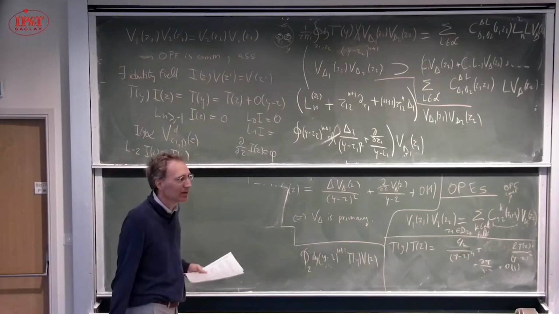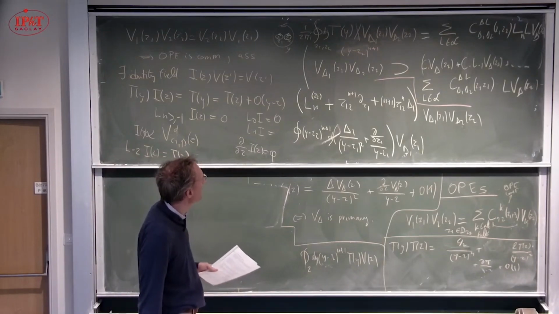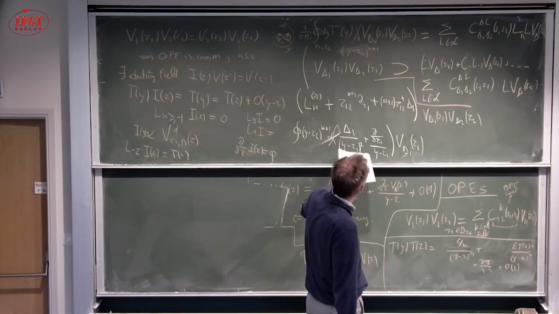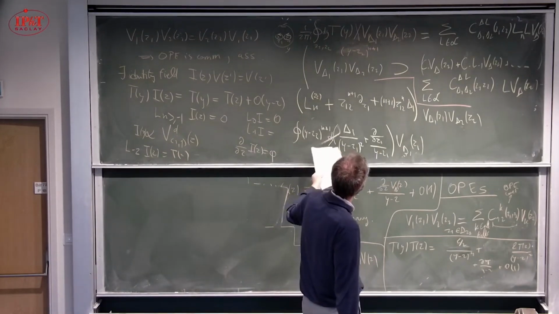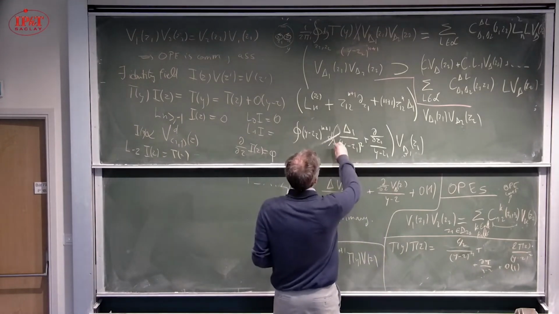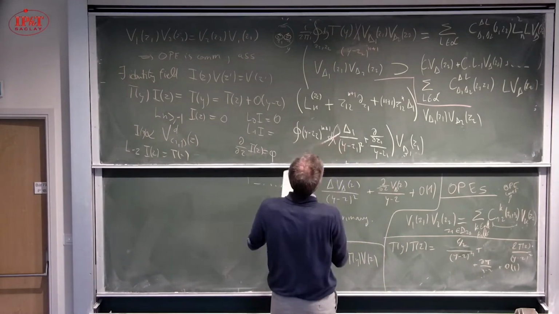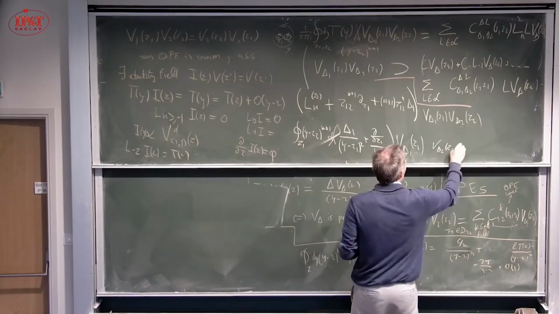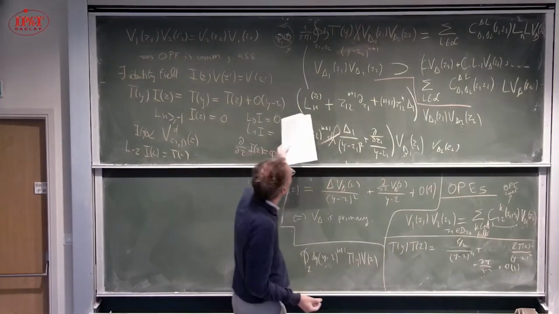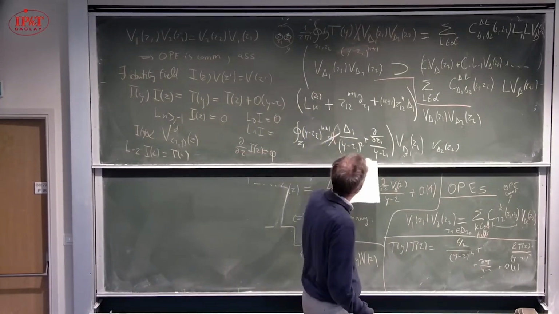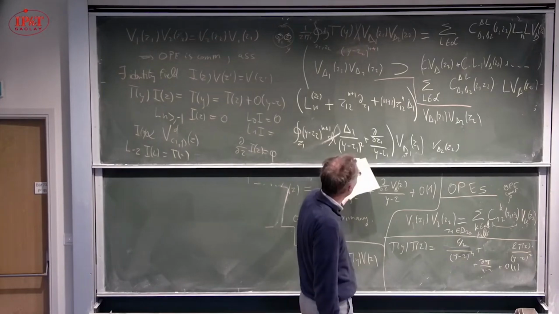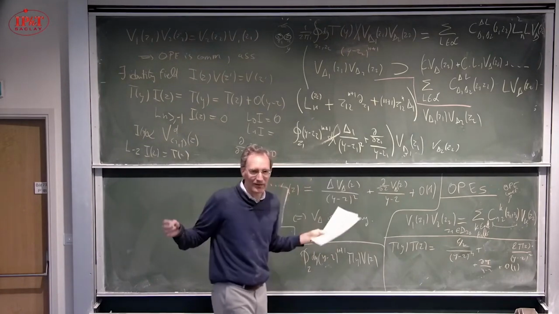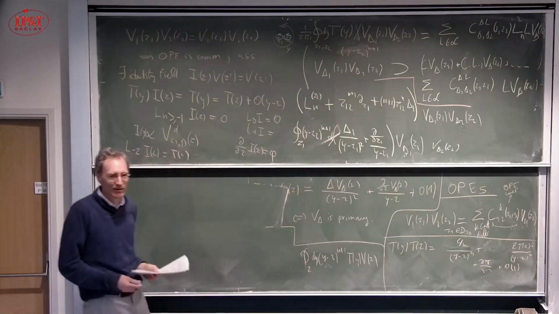Sorry, where is V_delta 2 of z2 in the integral? In which integral? The third one, the lowest one. Here I'm indicating the part of the calculation which is non-trivial when I compute the integral around z1. There is a V_delta 2 of z2, but it's a spectator basically. What I have done is the OPE of T(y) with V_delta 1 of z1, and that gives me these things. It also gives regular terms which don't have any singularity, but since everything is holomorphic, these terms don't give any contribution.